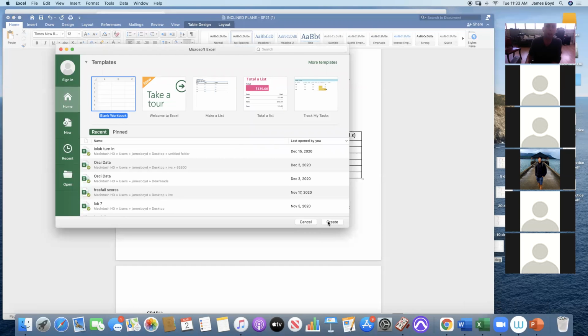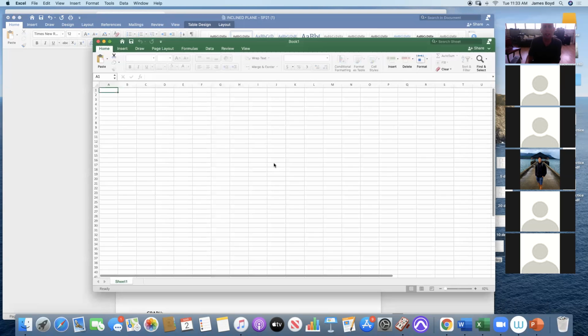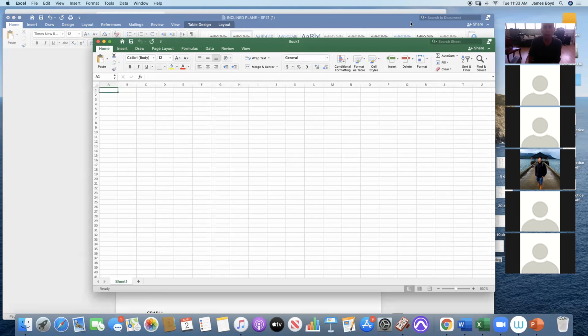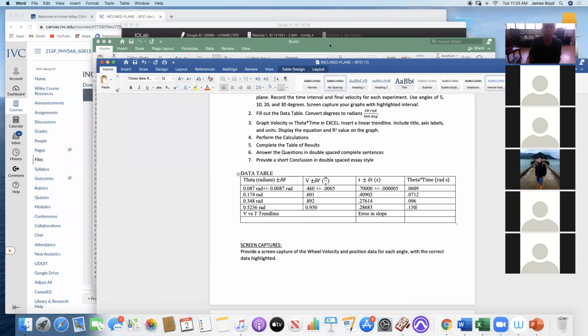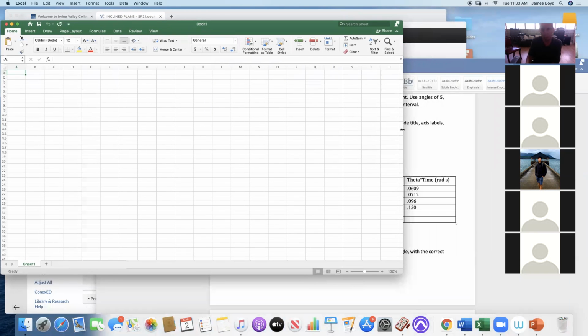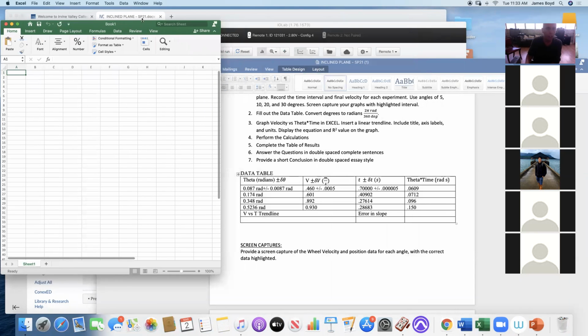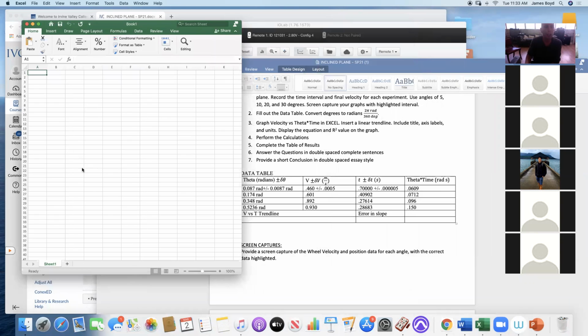So I'm going to create a new Excel. The reason why you need to do this in Excel is I don't know how to do something that we need to do in Sheets. So if you can find it in Sheets, that's great if someone knows. But we're going to get the slope now.